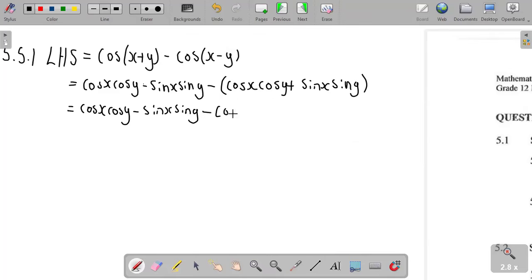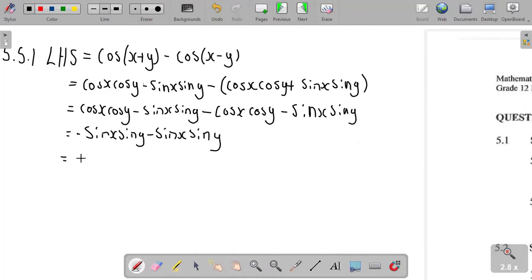So it's cos x and then cos y and then minus. So we multiply the negative here. Minus sin x sin y. So then it's going to be negative sin x sin y minus sin x sin y.